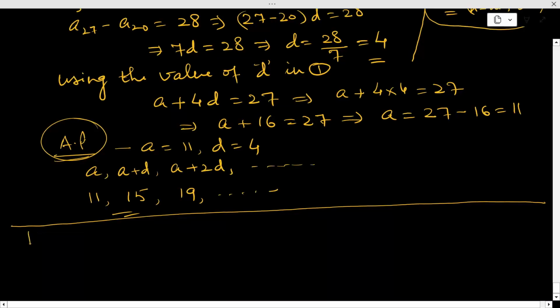Again in this problem we have an AP, for which 7 times the 7th term is equal to 11 times the 11th term. So 7 times a7 is 11 times a11.